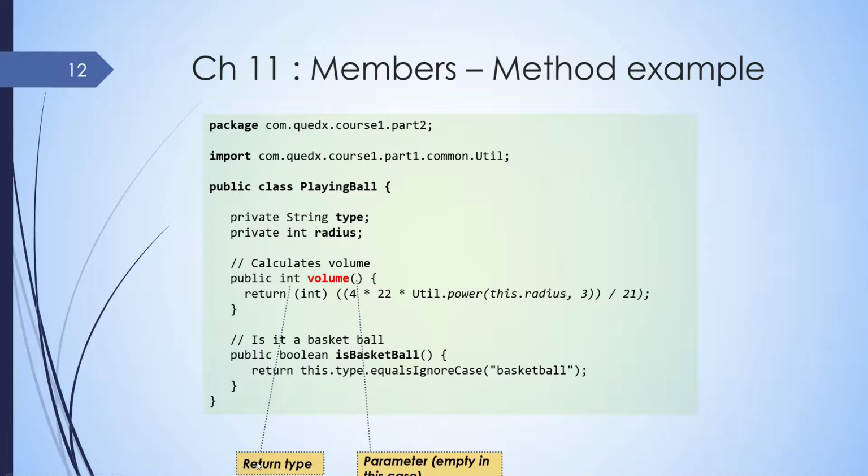So this is the return type. Also you can see that the volume method is not taking any argument. That is the reason there is an open brace and close brace, and it doesn't have anything. We'll be looking at a demo example in a short while.